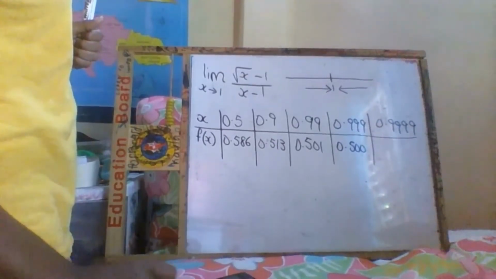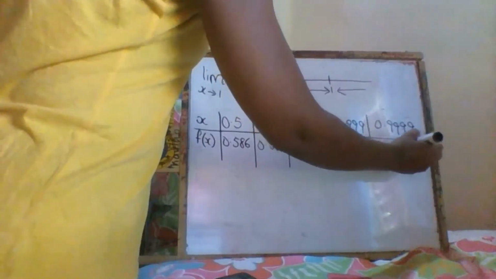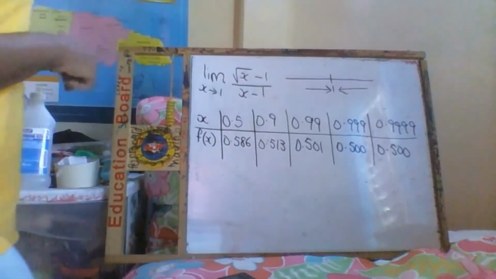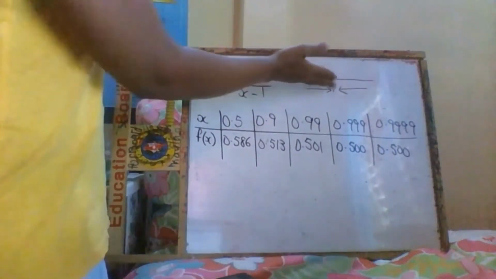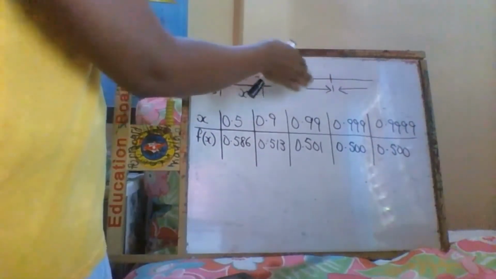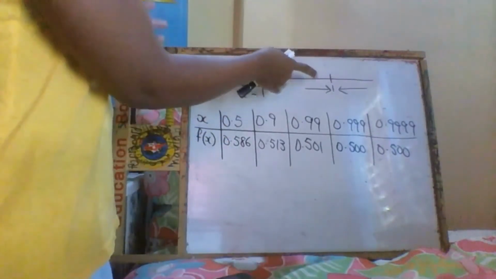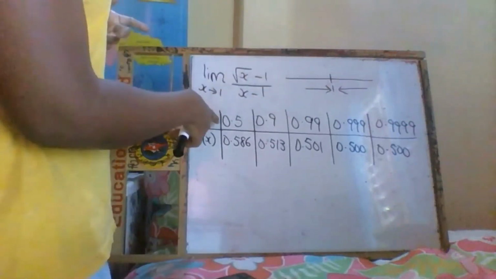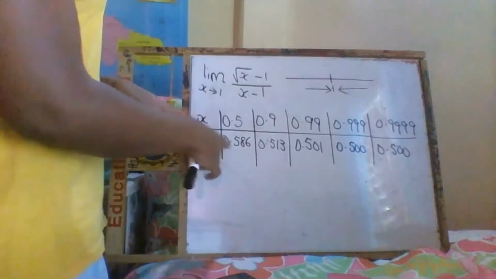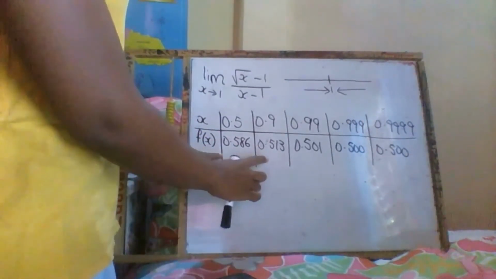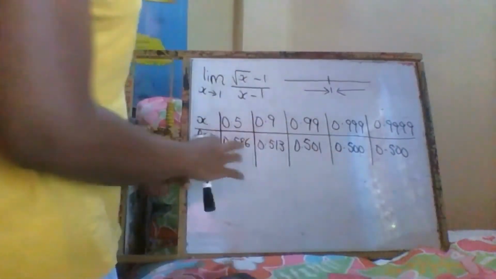And this time I get the same 0.500. So it would seem as if as x approaches 1 from the left, right? So we're coming from the left, values that are to the left of 1 but close to 1. I started relatively far from 1, 0.5, and then I got closer, 0.9, 0.99, 0.999, and so on. And you would note that our function values seem to be approaching 0.5.